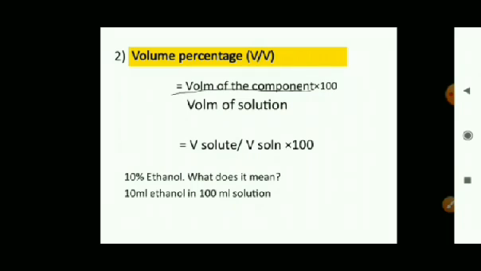So suppose here it is given 10% of ethanol, right? 10% of ethanol is given. So what does it mean over here? 10% of ethanol means 10 ml of ethanol is mixed in 100 ml of solution. यानी हमने 100 ml का solution बनाया है, उसके अंदर कितना percentage of ethanol is there?